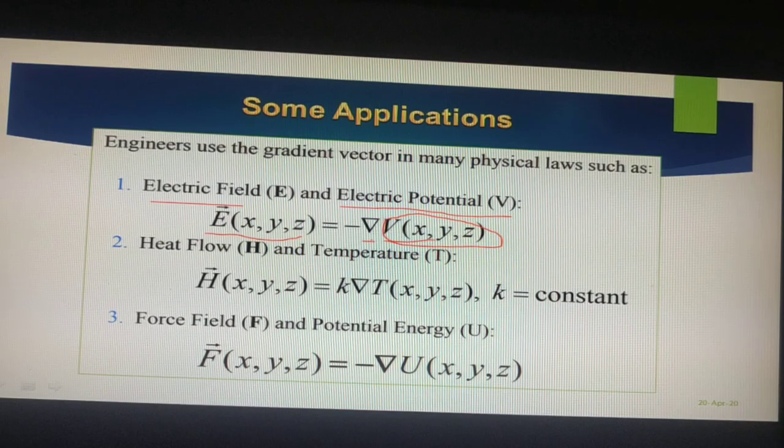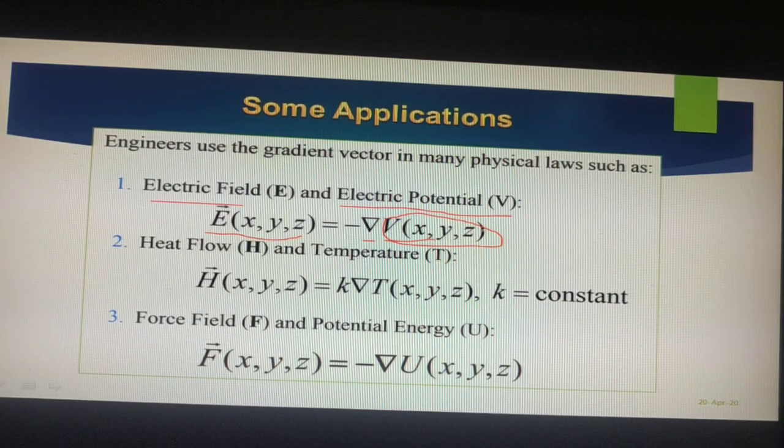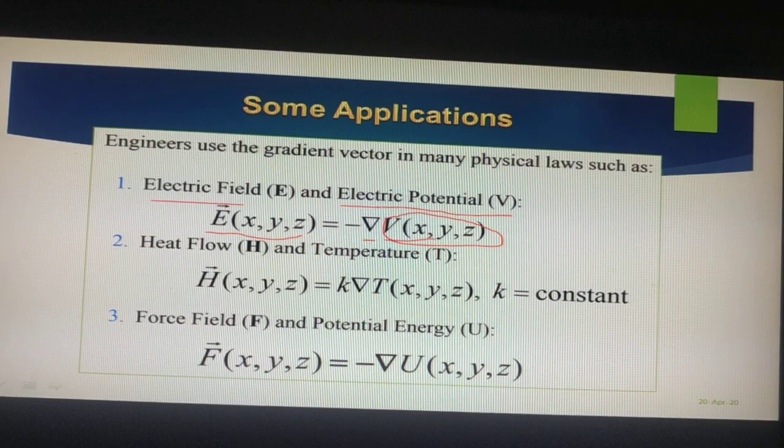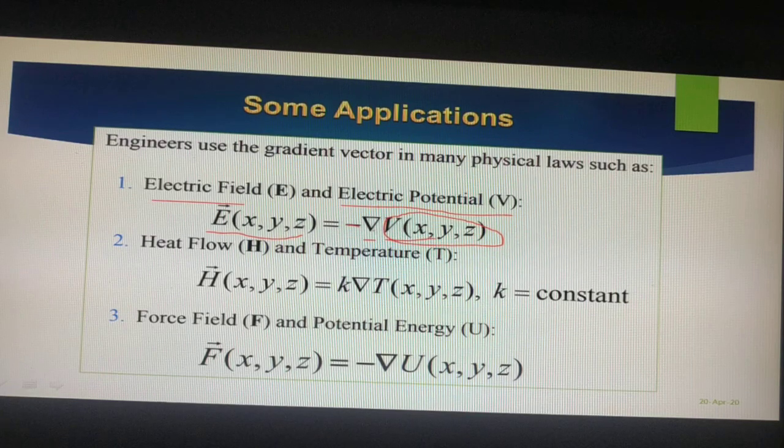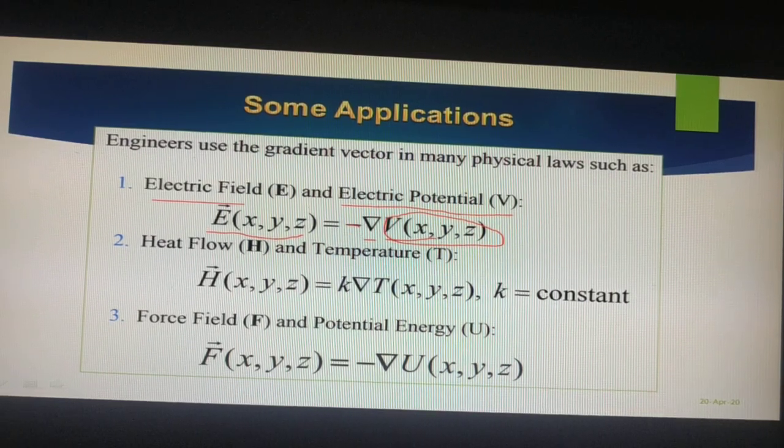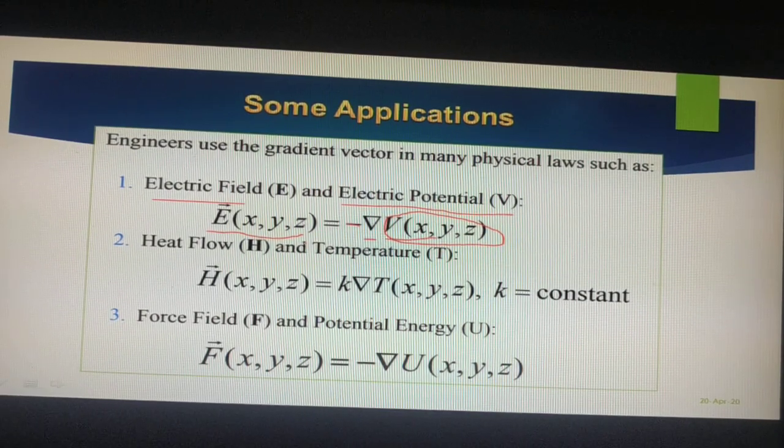When I multiply with the del operator, it becomes your electric vector field. Why this negative sign? It means that the scalar field changes towards the downward, negative side, so we have a negative sign here.